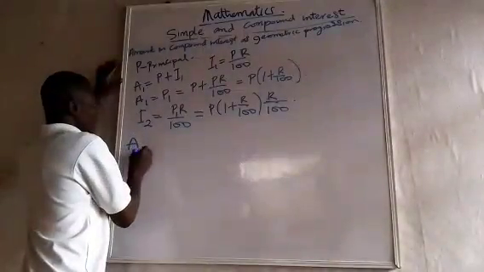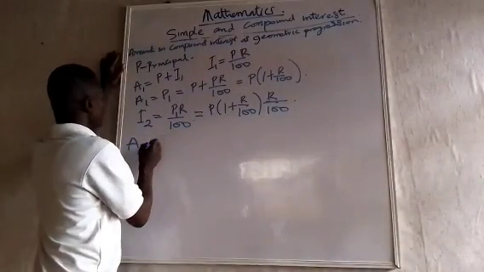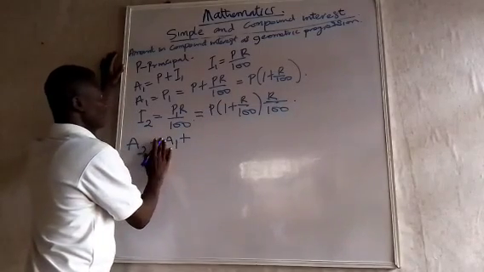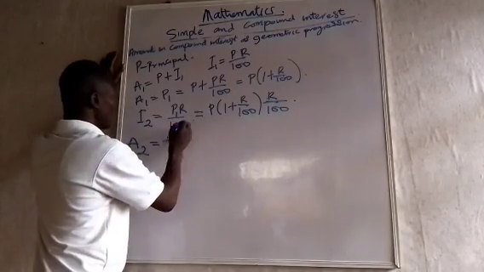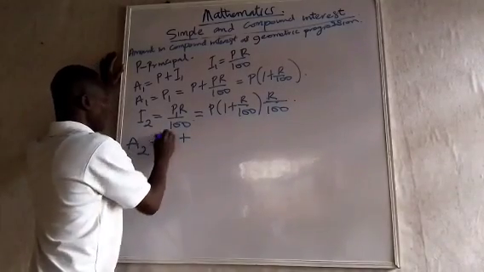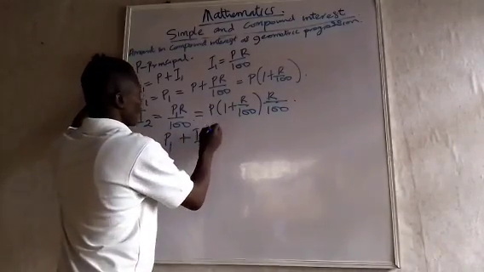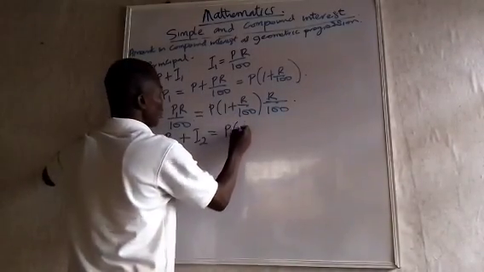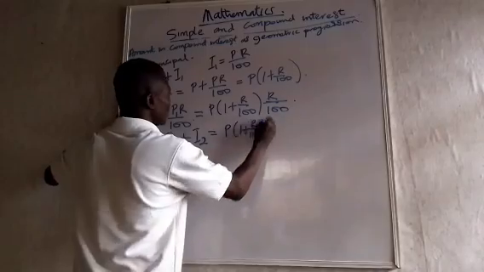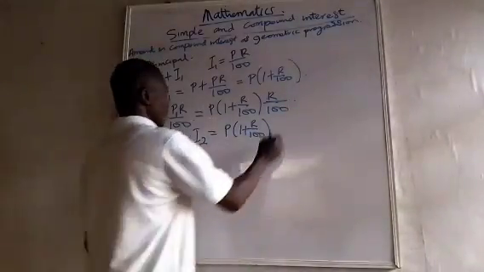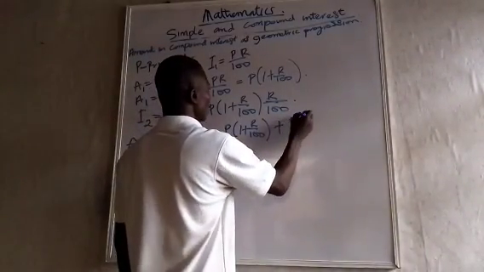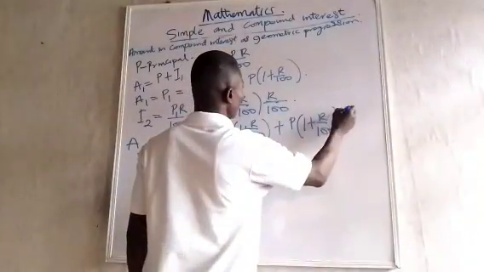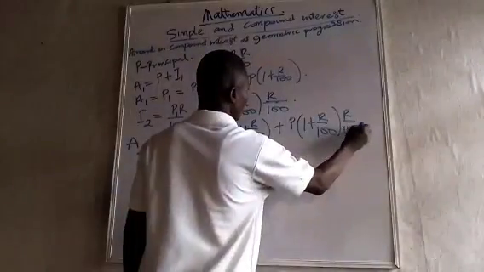So A2 will now be equal to P1 plus I2, which should be equal to, what is P1? P into 1 plus R over 100. That is P1. Plus P into 1 plus R over 100 into R over 100.